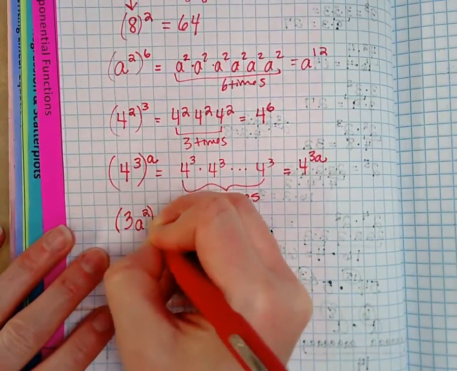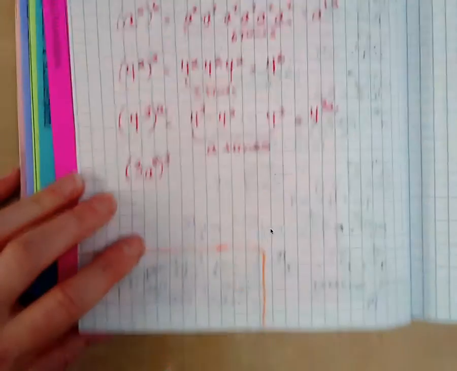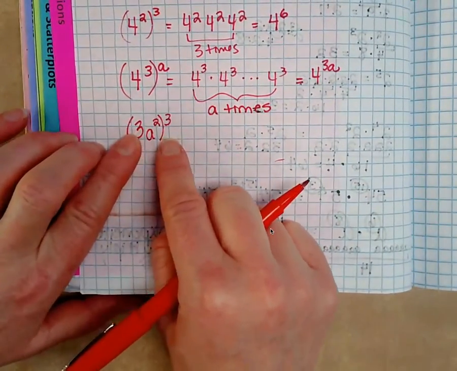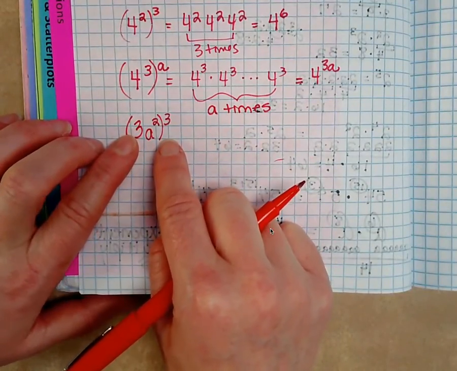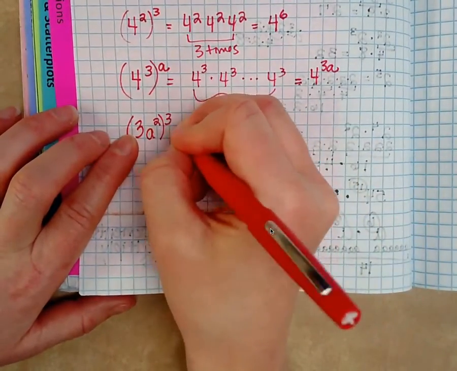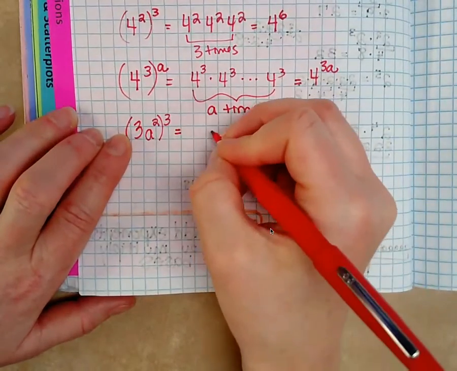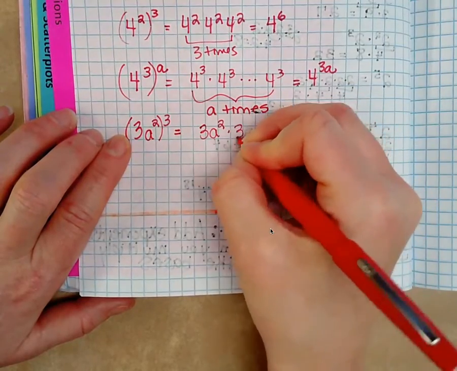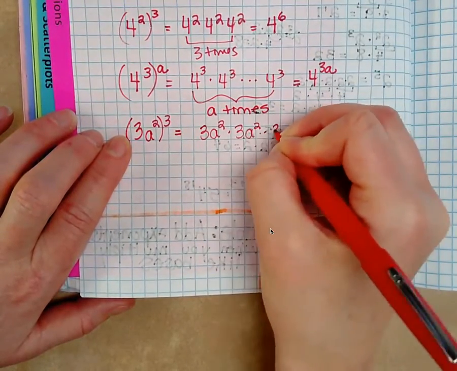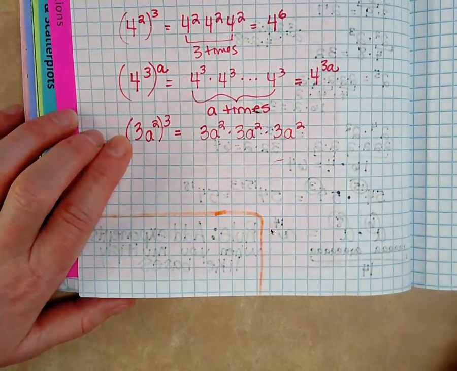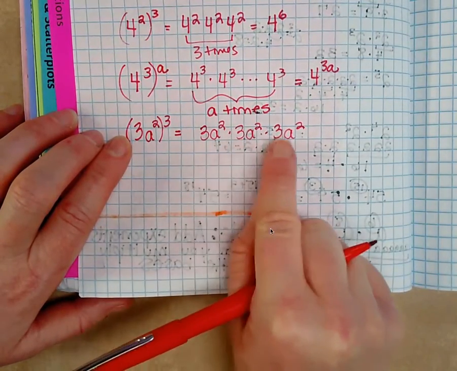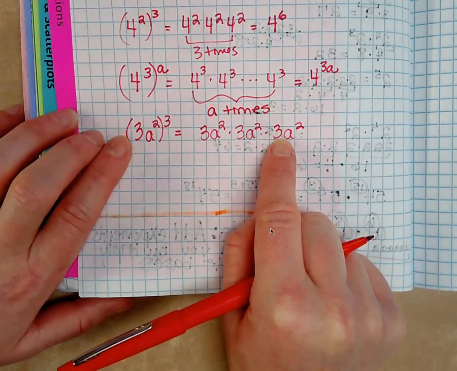3A squared to the 3rd. So let's expand this out. What is this going to be? How many times is 3 being multiplied times itself? 3 times.